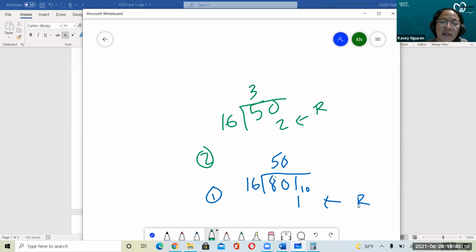Then I'm going to move to the next step and make sure that I keep the remainder recorded because that's going to be the value, right? So the next step is step 3. We are going to do 3 divided by 16. Since it's less than 16, it's 0 with the 3 remainder.